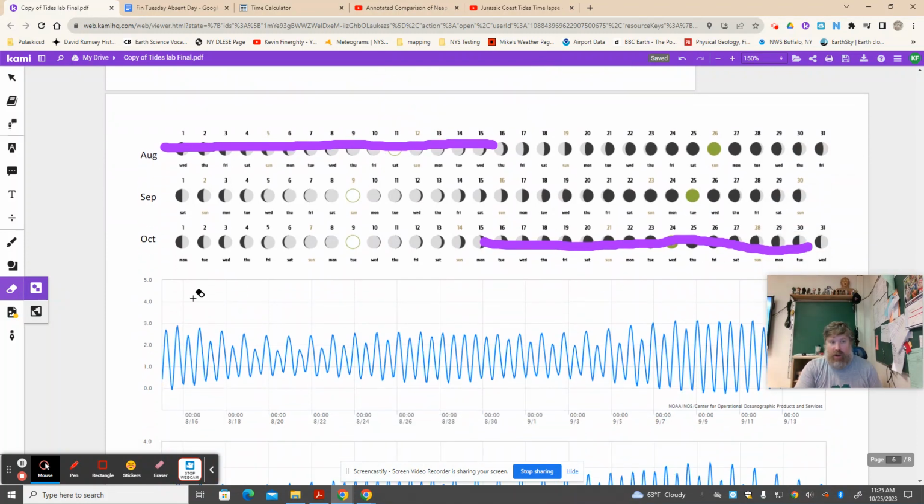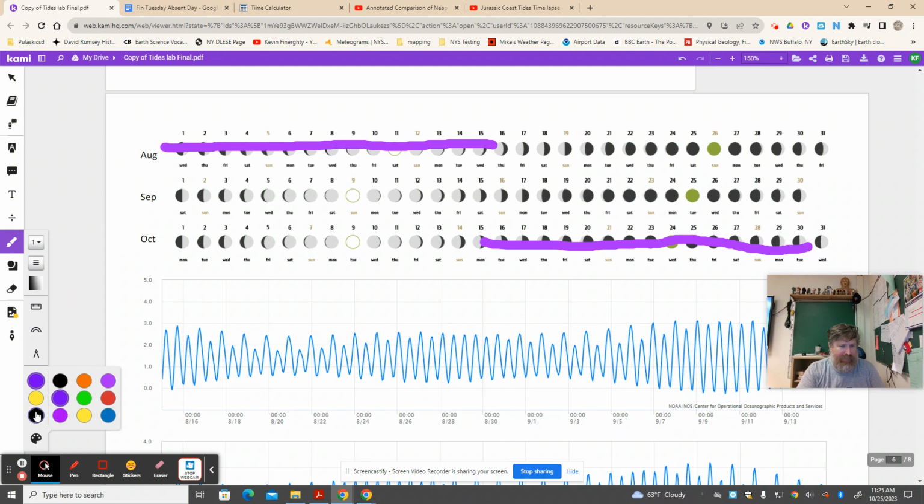So I'm going to have you draw the actual moon in a couple of different spots here. I'm not going to pick. The lab is set up so that you're going to do it with the quarters. That's a moon phase that looks like a half moon cookie. We call them quarter moons. And the new and the full. So there's that one. That one. So on these dates, we're going to draw these moons. That one.